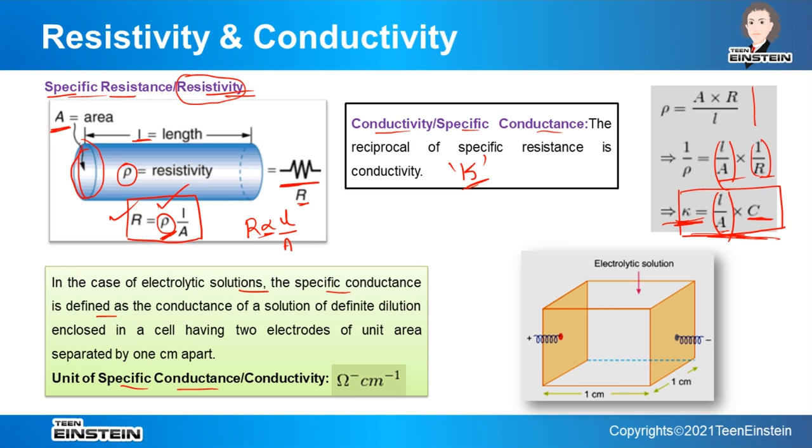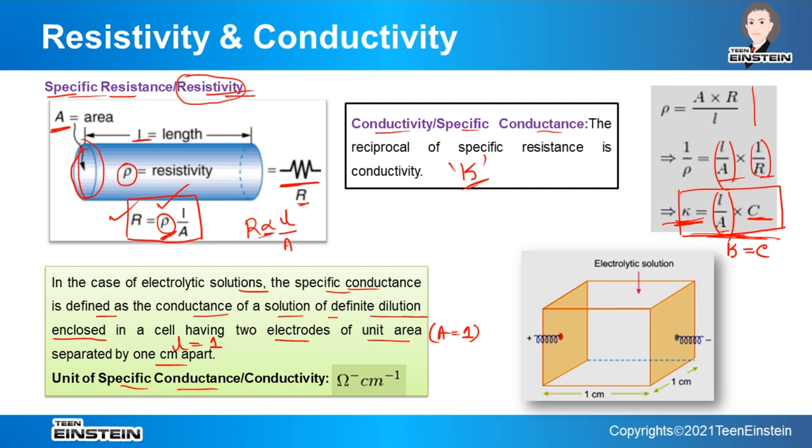In that case, kappa will be equal to C. So it is written here that specific conductance is defined as the conductance of a solution of definite dilution. So there is a particular concentration, and this definite diluted solution is enclosed in a cell having 2 electrodes of unit area, that means now A equal to 1, separated by 1 centimeter apart. That means now the L value is also 1.